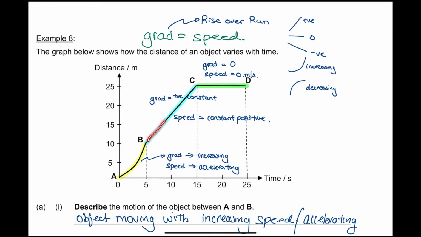When we have one straight line down here from B to C, it means that the gradient down here is a constant positive. So therefore, we are able to say that the speed is a constant positive value. But for parts C and D down here, the gradient is actually a horizontal line. Horizontal line means gradient is 0. So therefore, we know that the speed is 0 meters per second. And 0 meters per second means that we are not moving.